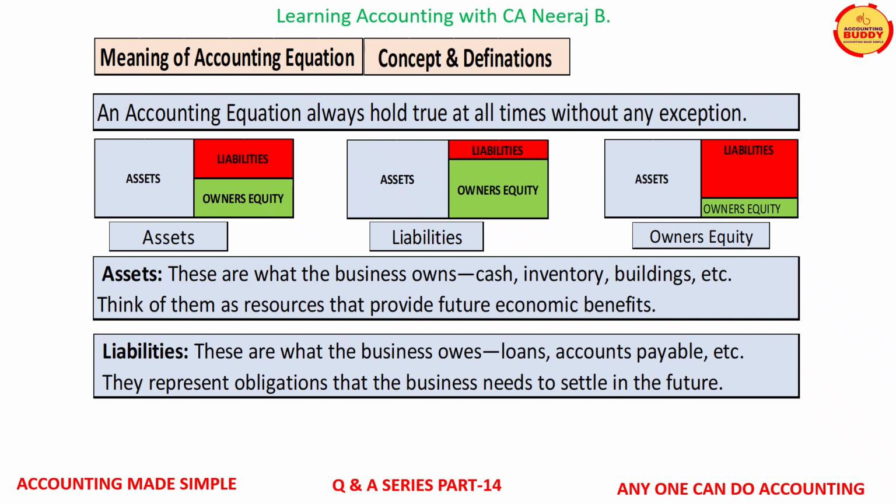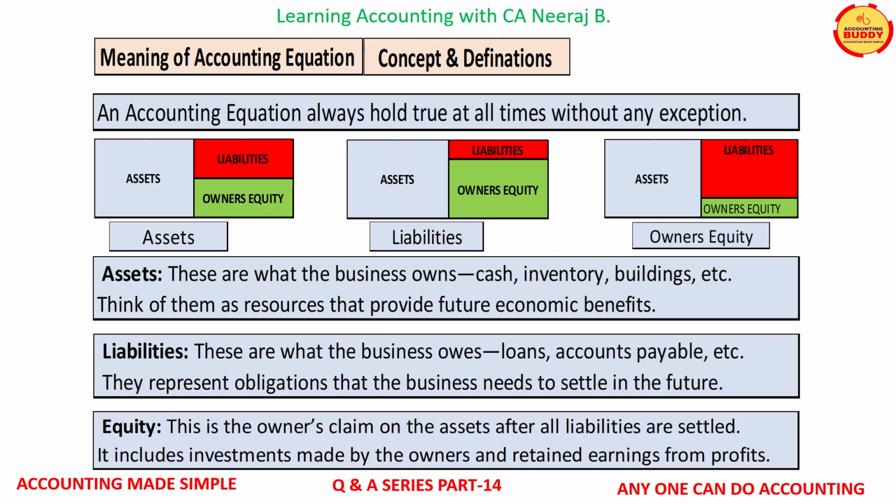They represent the obligations that the business needs to settle in the future. Now equity means the owner's claim on the assets after all the business liabilities are settled. It includes the capital invested by the owner plus the retained earnings from the profits of the business.